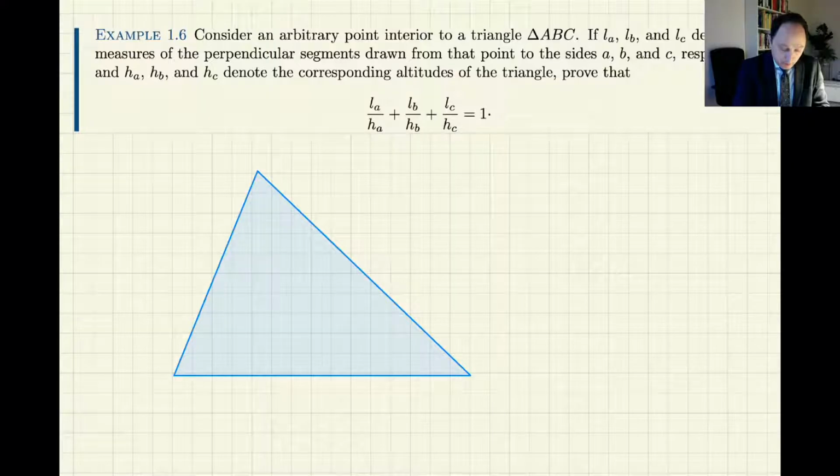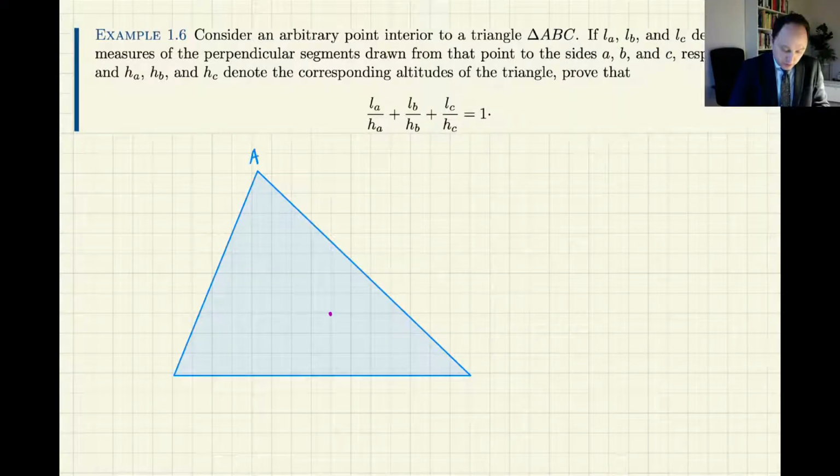I have a point inside my triangle. Wherever it is, it doesn't matter. It should be interior to my triangle, yes? So here, for example, I will take this point, and then from this point, I draw a perpendicular line to the side. Let me give names to these vertices.